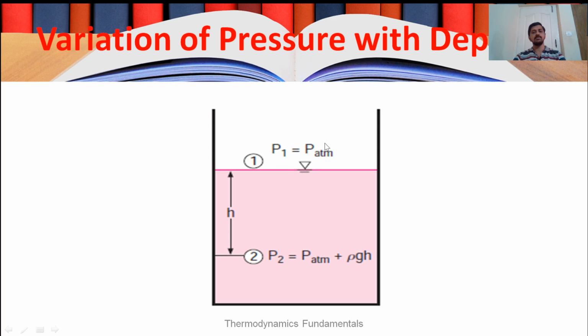When you go down in the liquid, for a height of h, the pressure will be atmospheric pressure plus density multiplied by acceleration due to gravity multiplied by the height, rho gh. This rho gh has the units of pressure. Rho is the density, g is acceleration due to gravity, and h is the height of the liquid column, or the difference between 2 points in a liquid.